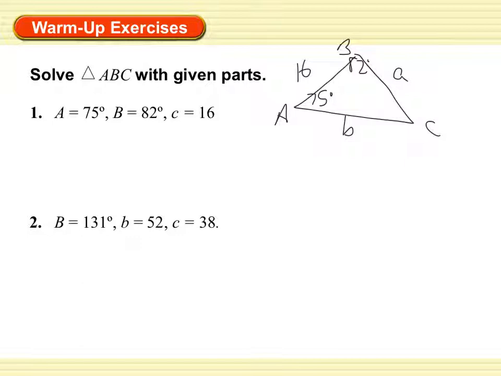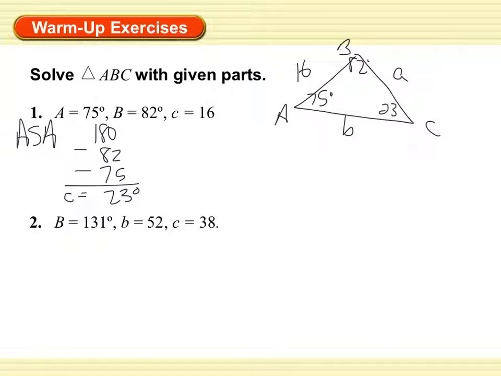Looks like here I have angle, side, angle, which I know I can do the law of sines for. So first of all, we need angle C. 180 minus 82 minus 75 gives me 23 degrees. So angle C is 23. Now we can set up our law of sines.